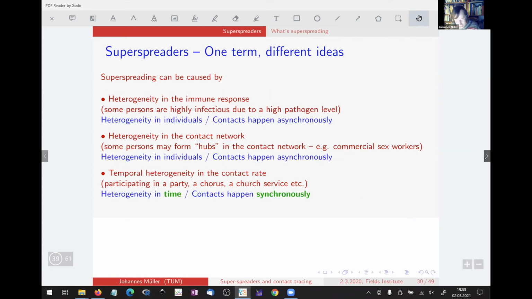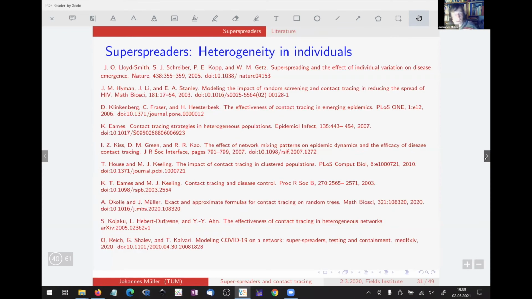And so the difference is indeed that the first two types are some heterogeneity in individuals. And the last point is not a heterogeneity in individuals. All individuals are the same, but we have a random contact rate and heterogeneity in time. So that's different. Of course, also about this heterogeneity, sometimes it's called super spreading, sometimes only heterogeneity.